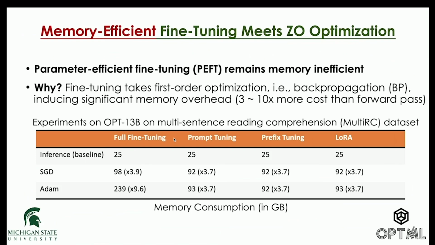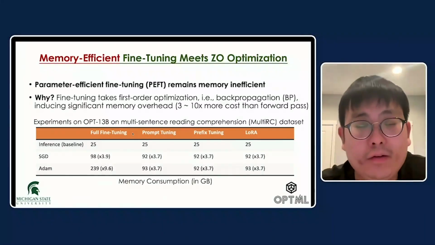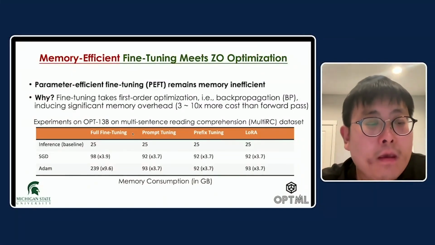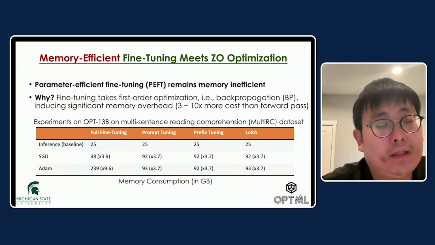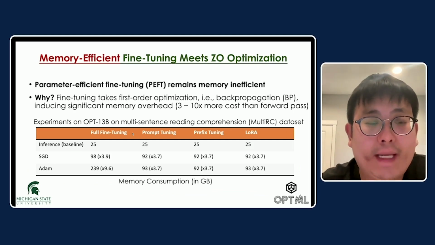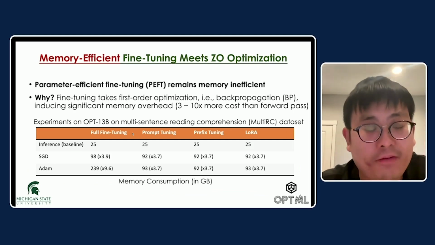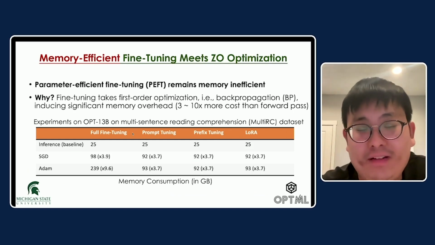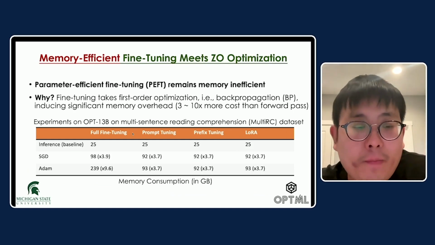For those parameter-efficient fine-tuning methods, let's look at the inference time. The inference time is basically about the same because it is only the forward pass. It only takes about 25 memory cost. Here, the unit is GB. But compared to SGD, which involves BP backpropagation per iteration, as you can see, the memory cost becomes 98. For full fine-tuning and for the other parameter-efficient fine-tuning, it takes 92.